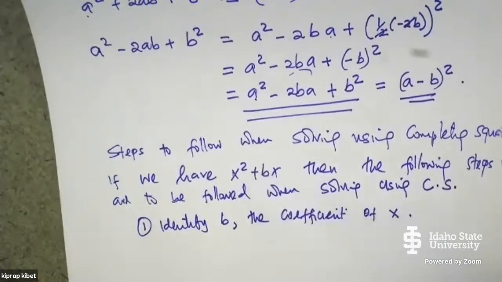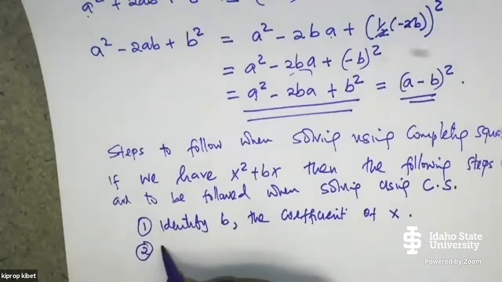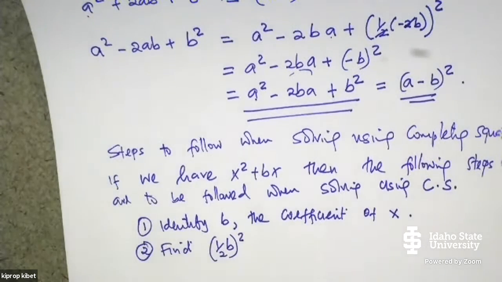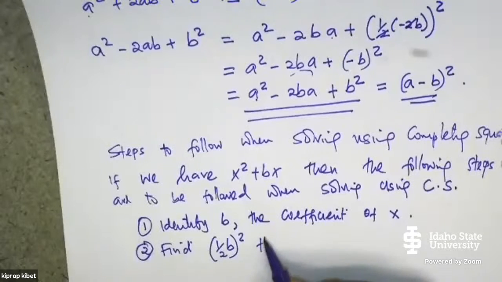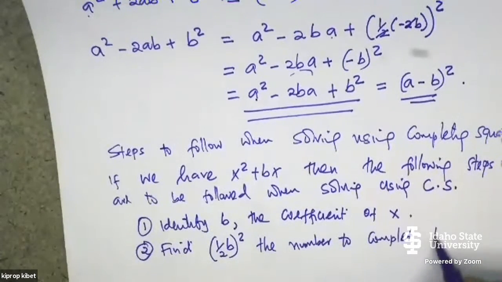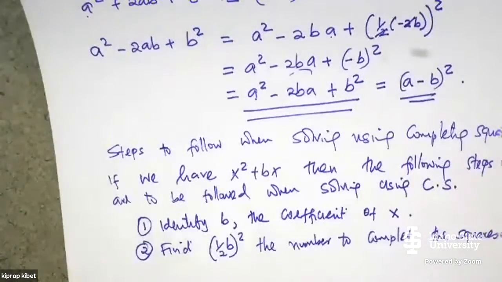Number 2, find half b, squared. This is the number to complete the square.